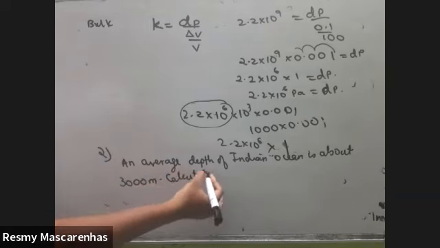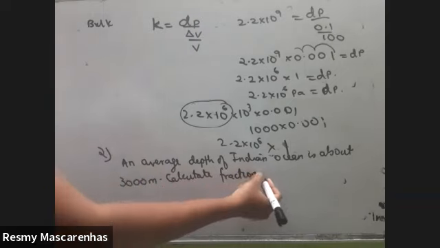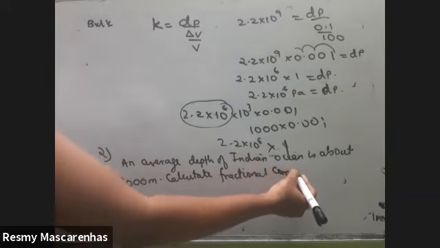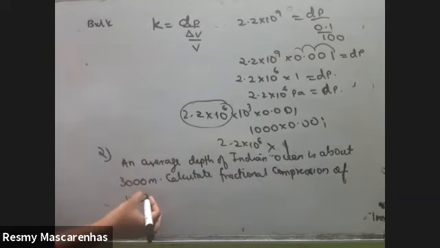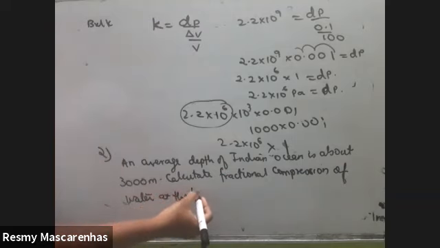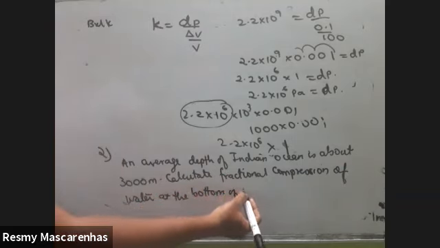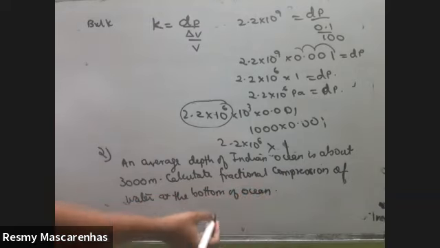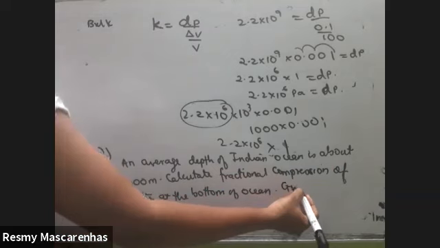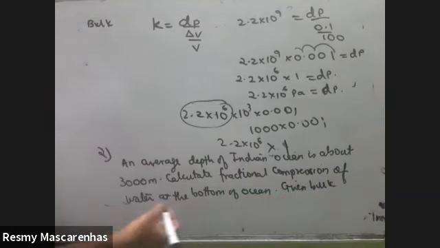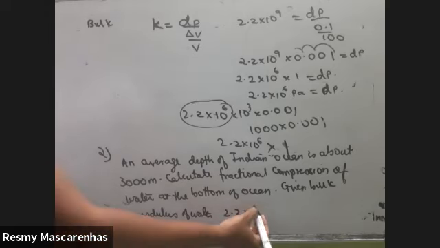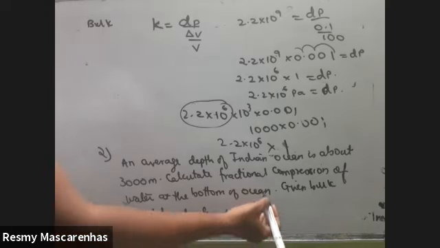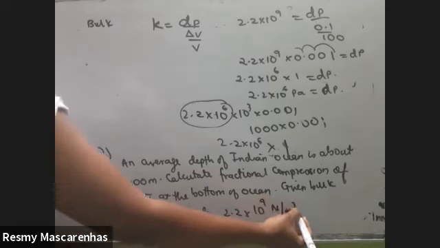Calculate the fractional compression of water at the bottom of the ocean, given the bulk modulus of water is 2.2 into 10 raised to 9 Newton per meter square.